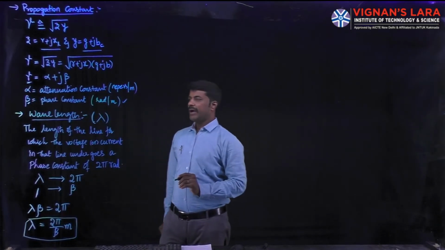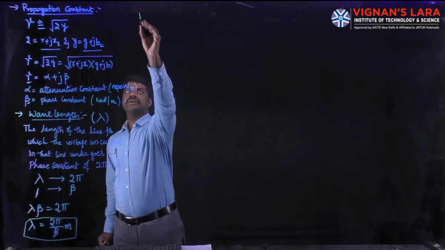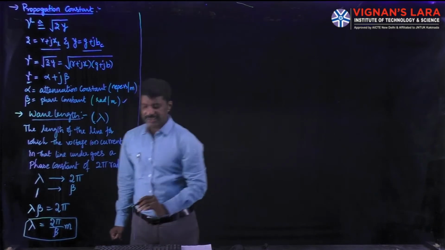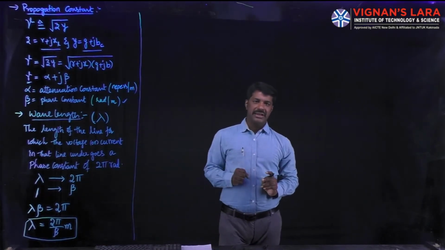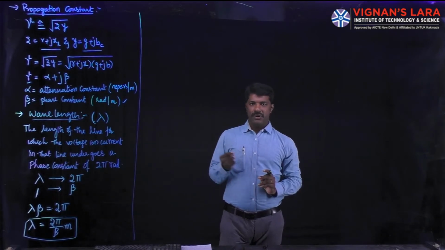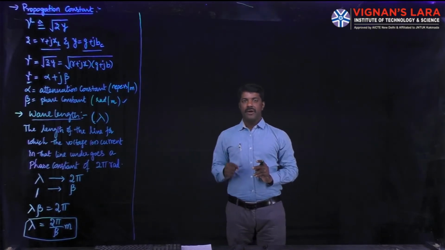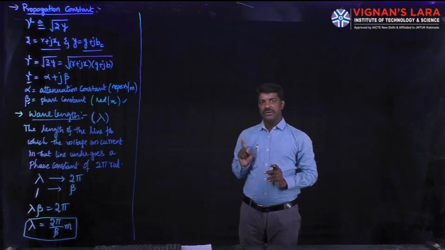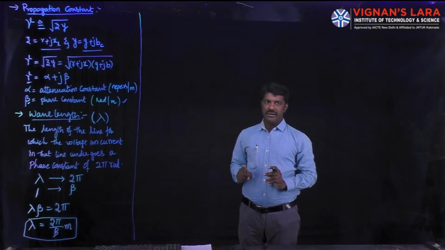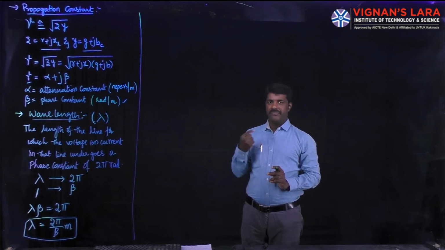Then after this wavelength, what is the next topic? We know that over a long transmission line the voltage and current are propagating. That propagating voltage or current will have its own attenuation constant and phase constant. For that voltage and current we can define the wavelength.